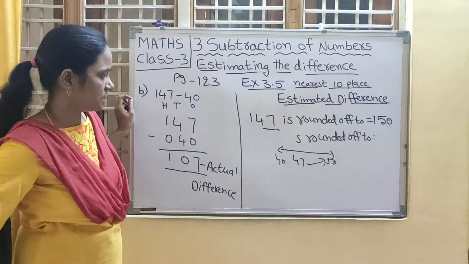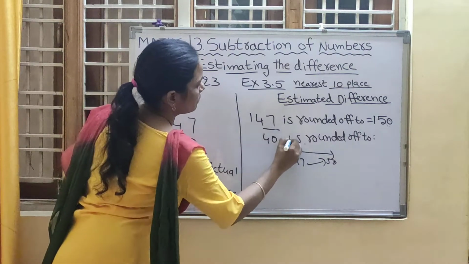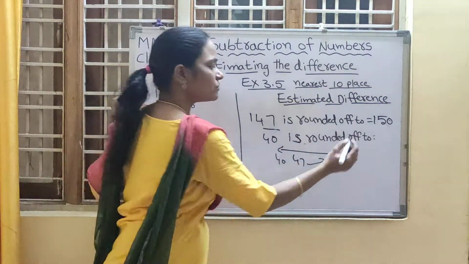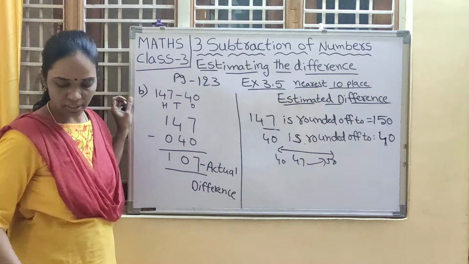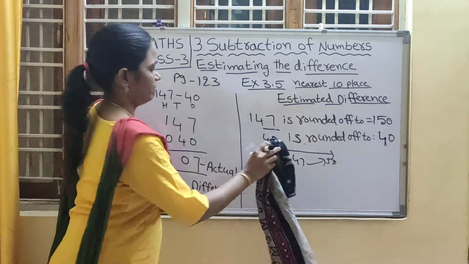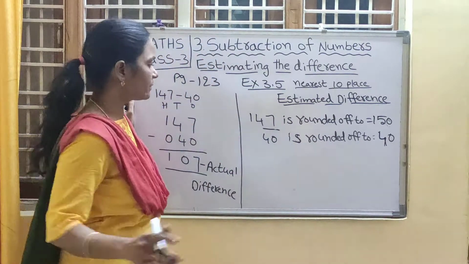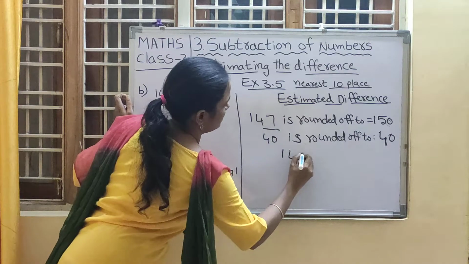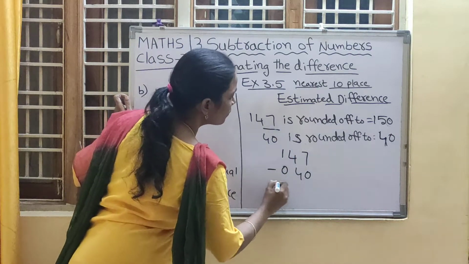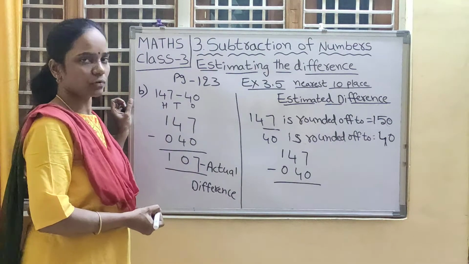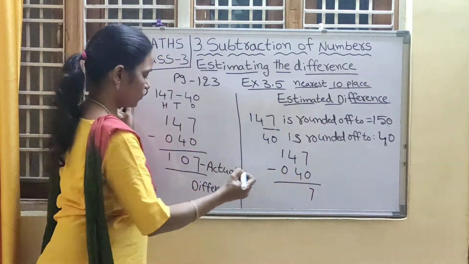Next, what is the second number? 40. 40 is rounded off to 40 only. Now take the difference.